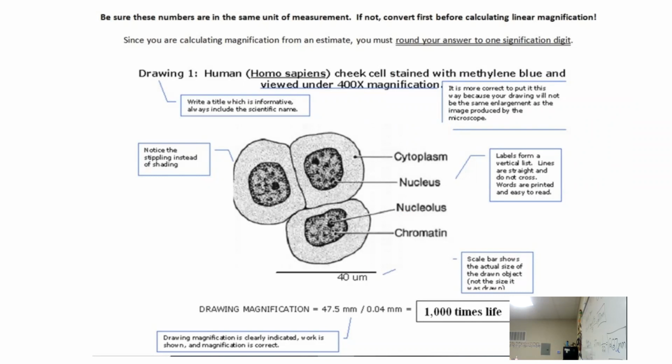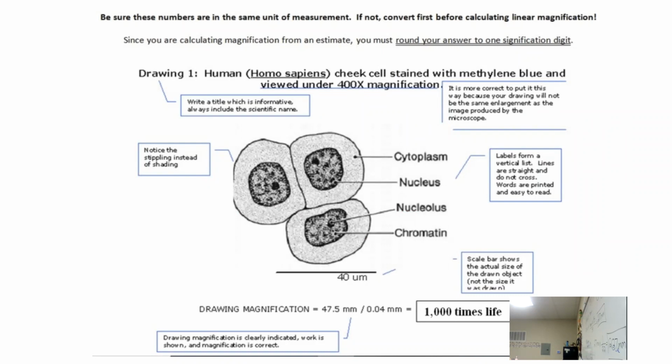Technique. Do you see feathery lines? Do we see shading? I kind of went over the difference between shading. I said you have to stipple, not shade. Not everybody knows what stipple is. If I have something that's darker and something that's lighter, shading would be like this, where you're kind of coloring in.